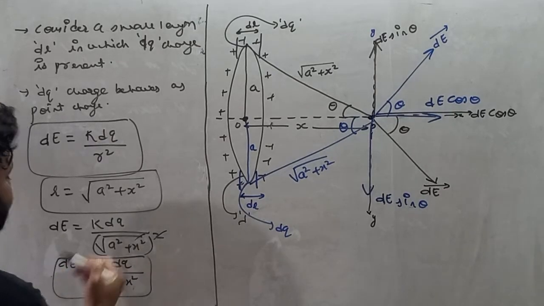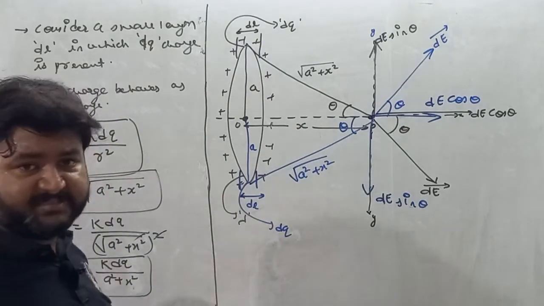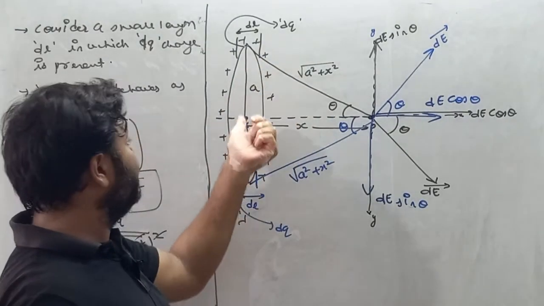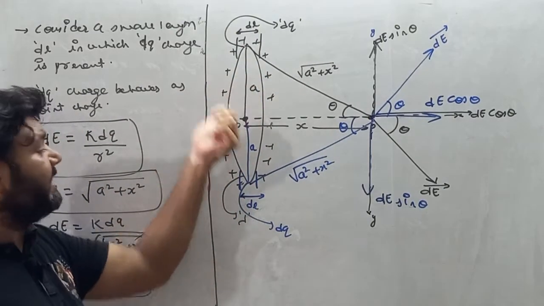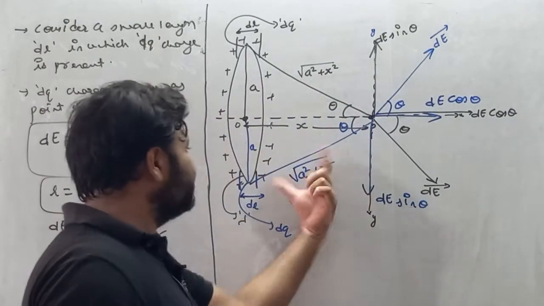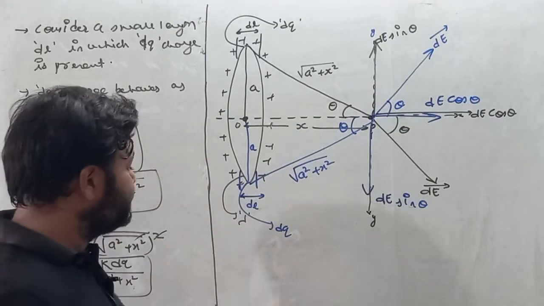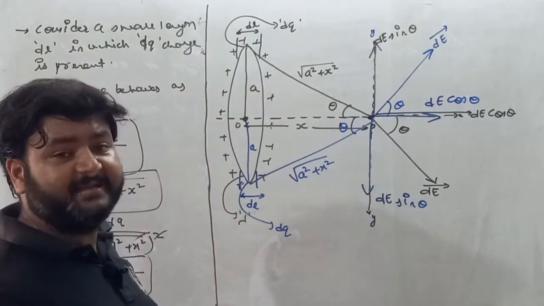This is the value of electric field due to the above positive charge and the below positive charge, because all the configuration above the center of the ring and below the center of the ring is the same: distance is the same, radius is the same, base is the same, angle is the same, charge is the same, and length of the elementary ring is the same.